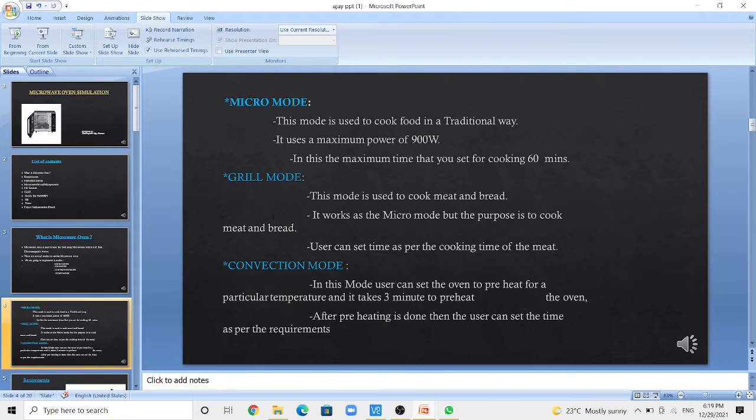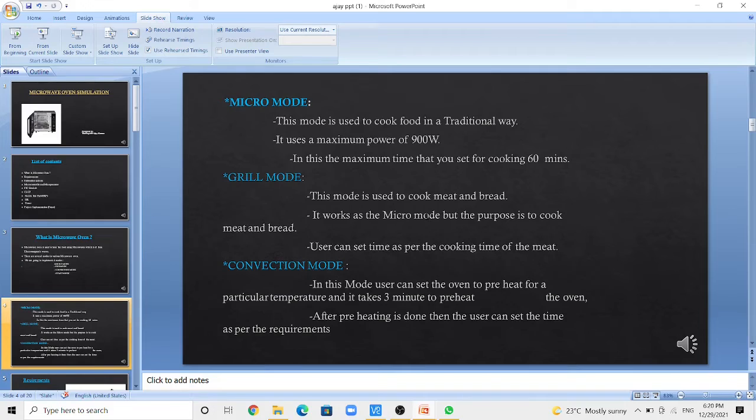And then grill mode, which is one of the modes presented in the microwave oven. This mode is used to cook meat and bread, or things like egg puffs, as in bakeries.